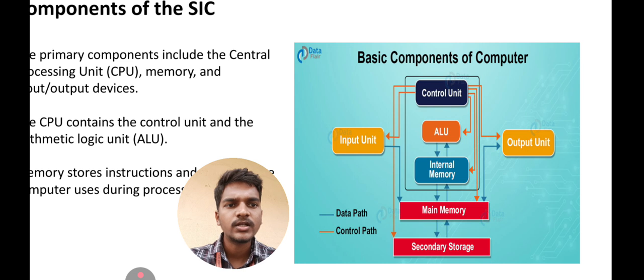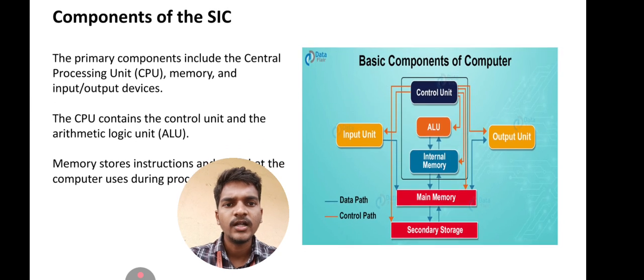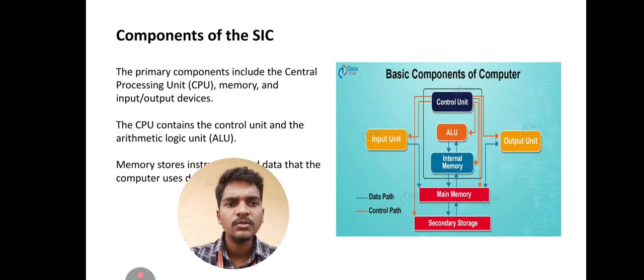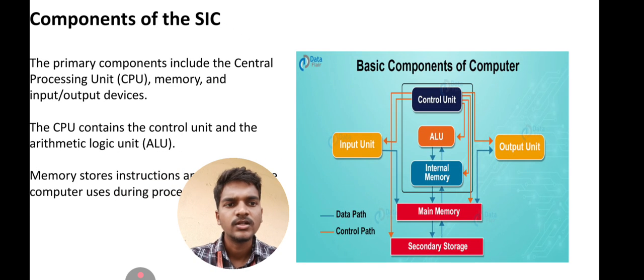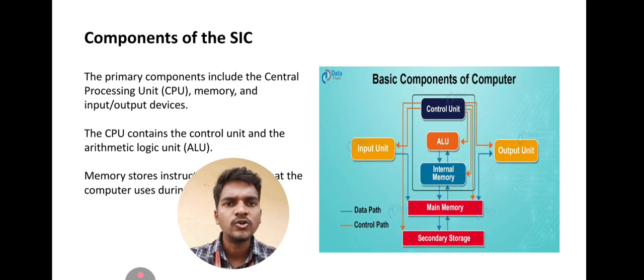Next it goes to internal memory and secondary memory. If it is a file or data, it will go to the main memory and then the secondary storage. Main memory is called RAM and secondary memory is called ROM. Finally, it gives the output.